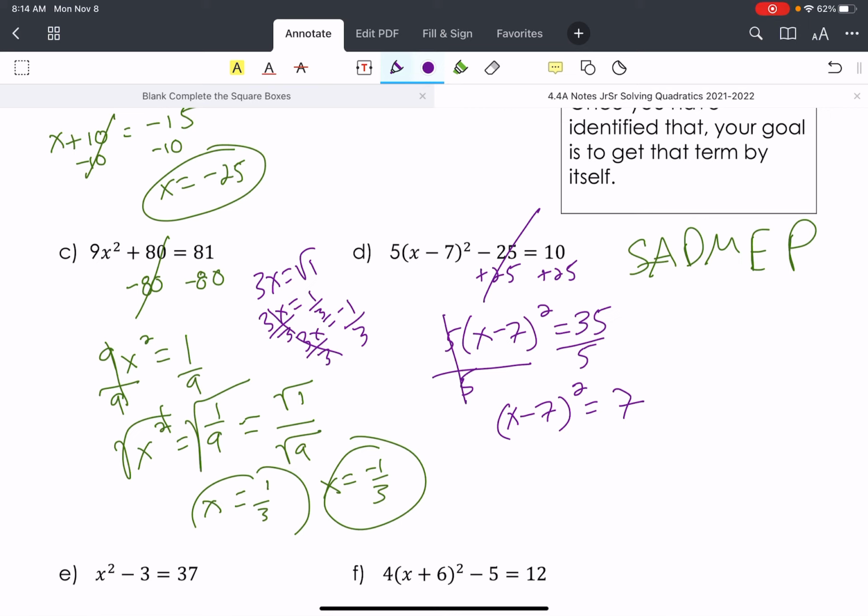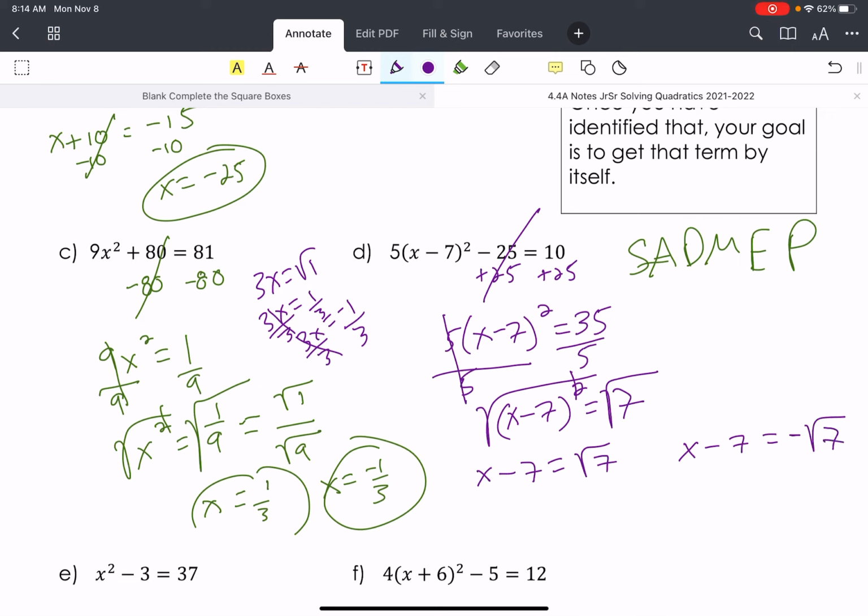Doing okay? Any questions? Okay, so now I'm ready to square root. What is the square root of 7? Yeah, it doesn't simplify, and it doesn't have any factors, so we can just leave it, but we still need our plus and our minus.